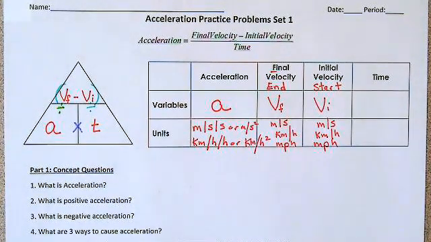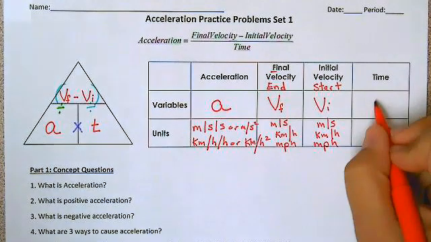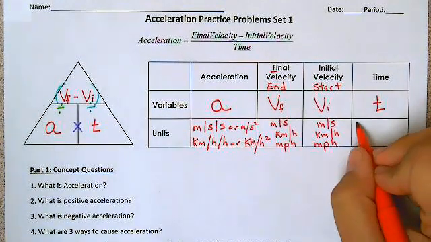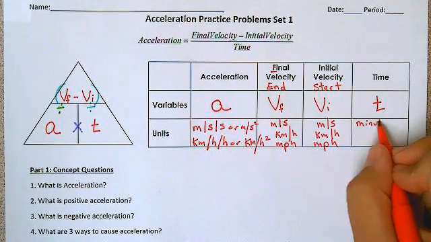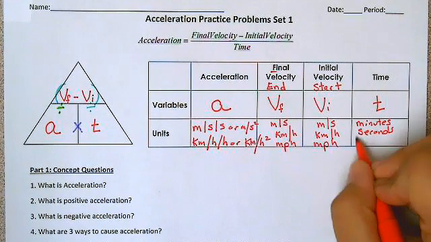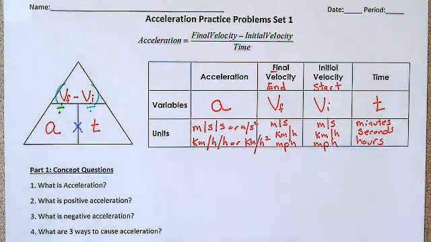Okay, and then time is still going to be represented by a T in minutes, seconds, or hours. Remember that time in the metric system or our standard American system is all the same. The ones that are different here are velocity and acceleration.